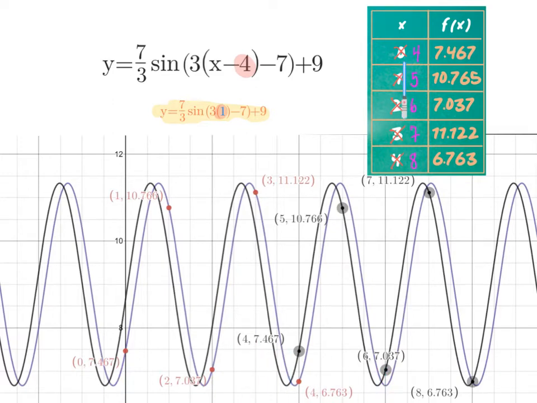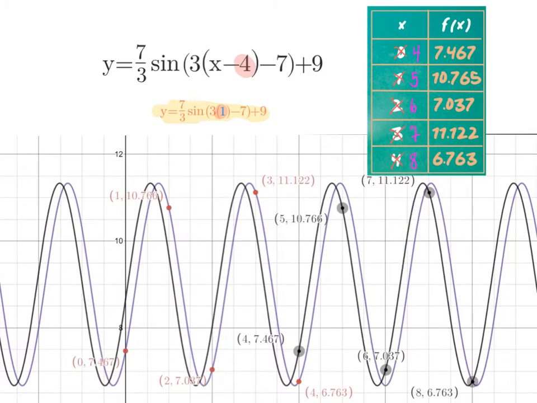You can also see in the table of values, 0 has become 4, 1 has become 5, 2 has become 6, 3 has become 7, and 4 has become 8. And these coincide with our actual graph: 6, 7.037 is 6, 7.037.